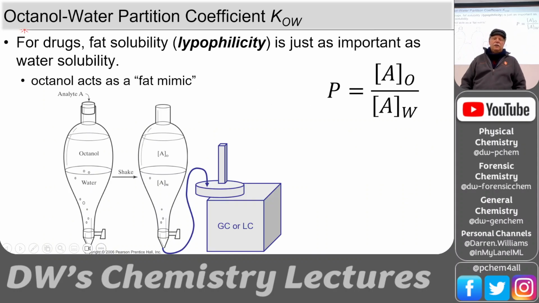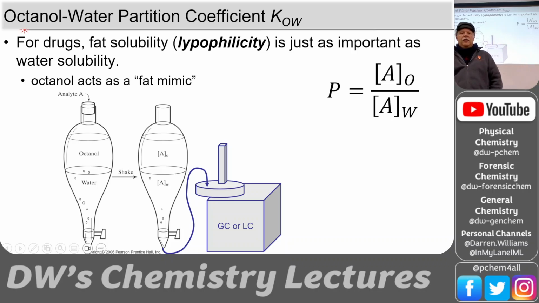And then let's get in now to water or liquid extraction. So for drugs, fat solubility is just as important as water solubility. Whenever a substance is entered into the body, it can go through the digestive tract, and there's a competition, I guess, in the body when it's distributed between the aqueous region of the body, the bloodstream primarily, and then the fatty tissues of the body.